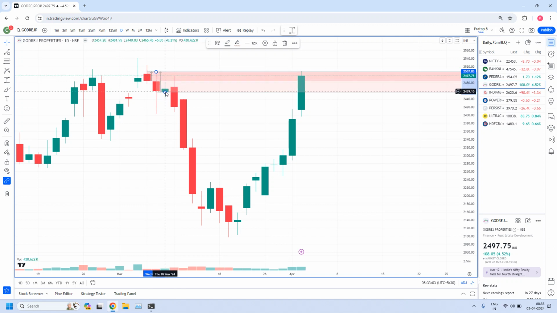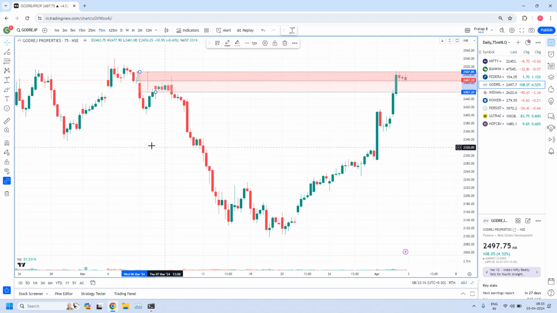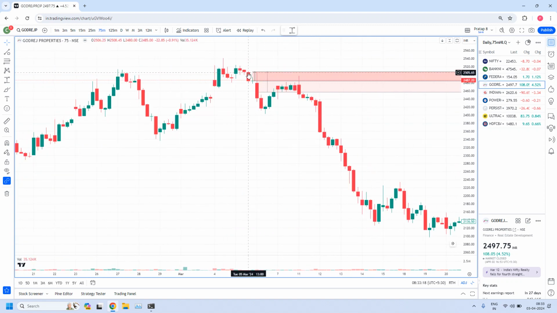So from here, this is the base candle and drop, drop, drop. This is the daily zone we have written. Inside 75 minutes, we have a drop, base, drop. This is the 75-minute zone.